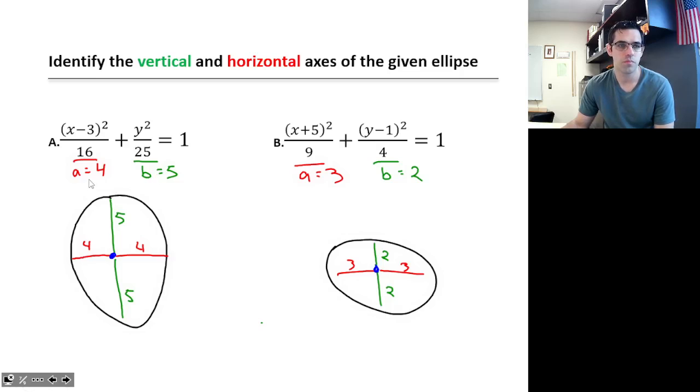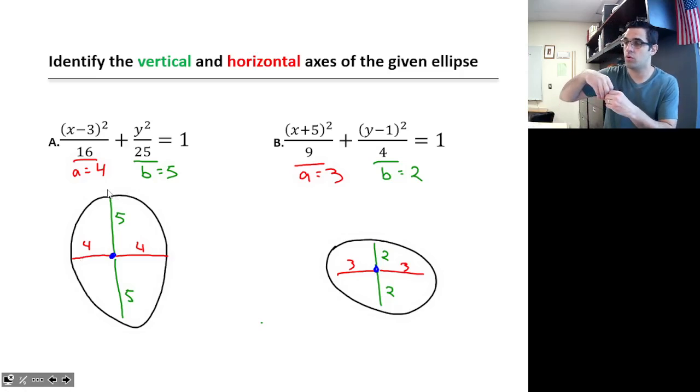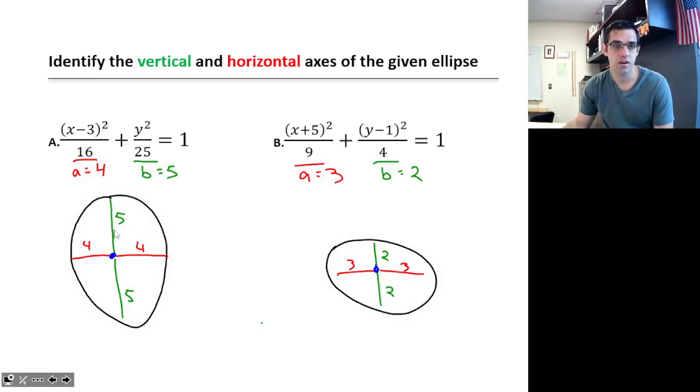And so, because a is 4, our horizontal axis is going to be 8, or 4 from the center to the right and 4 from the center to the left. And because our b value is 5, our height of this ellipse is going to be 10, or 5 up from the center and 5 down from the center, creating an ellipse that's taller than it is wide.